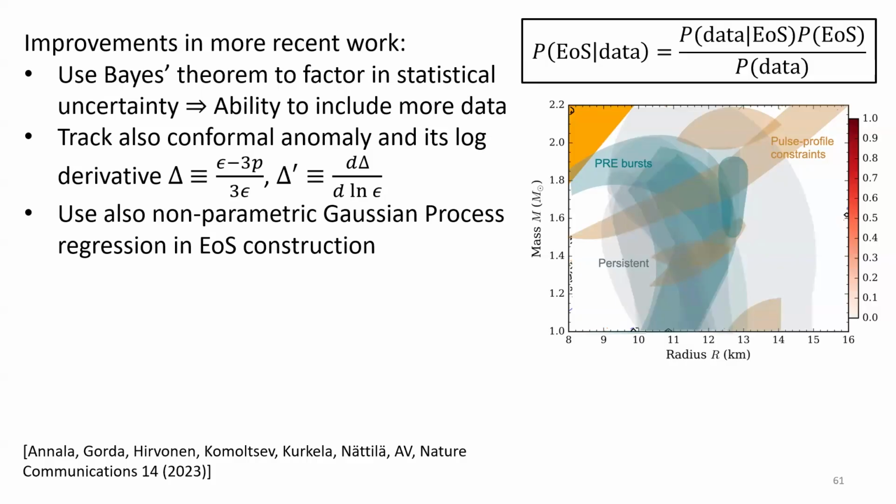gamma, the polytropic index, but also many other quantities such as the speed of sound, the conformal anomaly that's oftentimes used as a measure of conformality in hot quark-gluon plasma, and finally also its logarithmic derivative with respect to the energy density, for the reason that we might have a situation where delta passes through zero, but then becomes large and negative, in which case the system would pass through a conformal behavior, but then become non-conformal again.